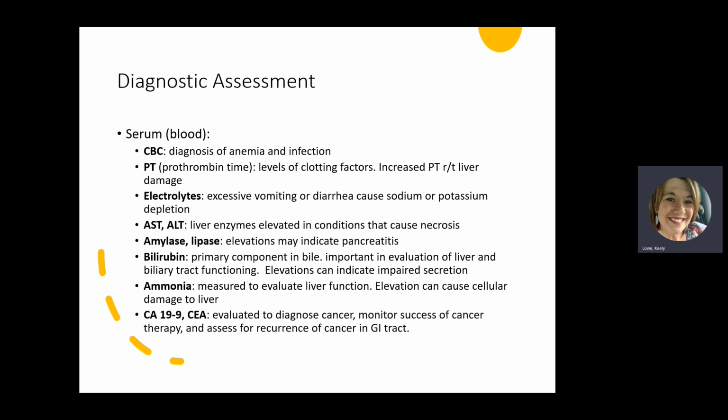So in particular, the CA19 and CEA and there's PSA and all different kinds of tests that test for high levels of things that are associated with certain types of cancers. So if they suspect a certain type of cancer, in addition to going in and looking, they may do a blood test to say, is there any waste product or product that is excreted by these tumor cells that say, yeah, there probably is a high likelihood of that. So getting more pieces to the puzzle of what's going on.